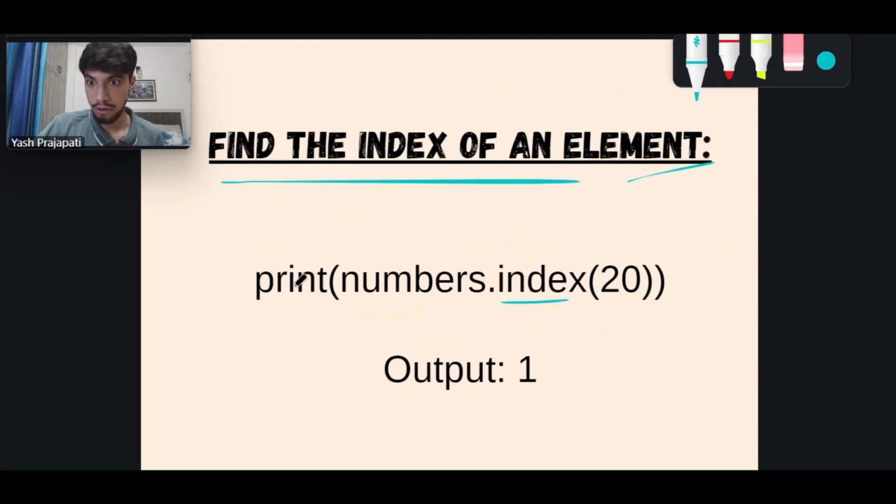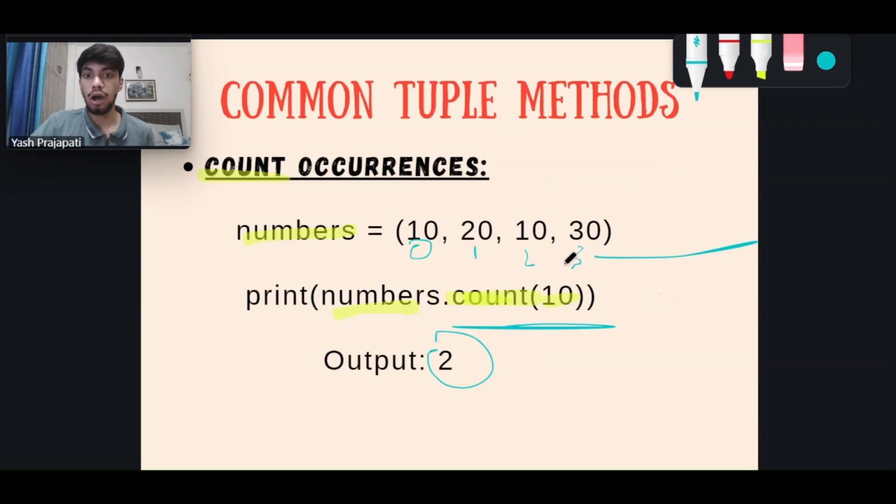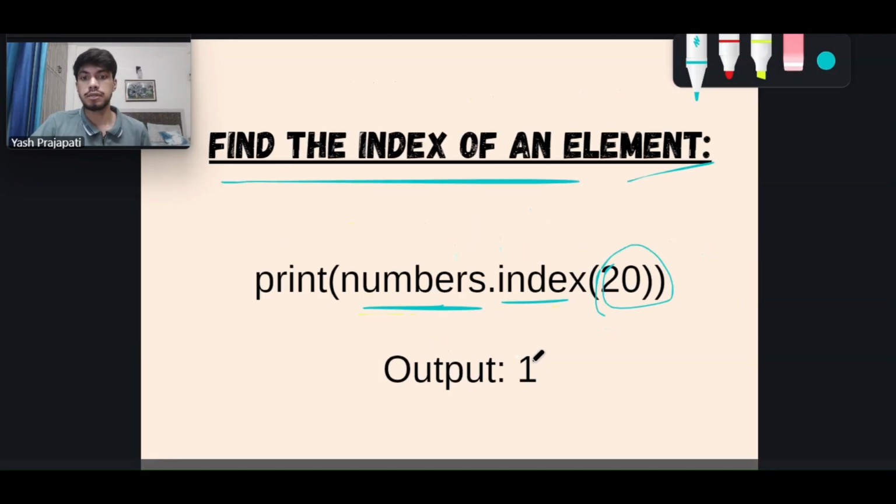The first element is index 0, then index 1, index 2, and so on. So we print numbers dot index, the name of the variable, dot for using a method, and the keyword of the method. The index of 20: we are finding the index of 20. According to this, we get the output 1.